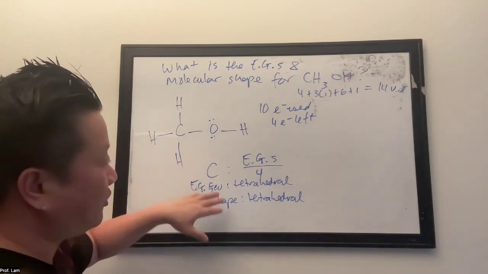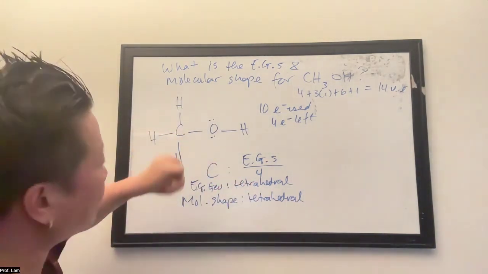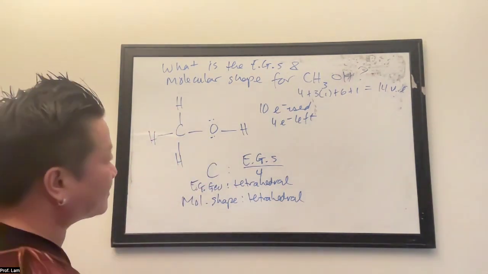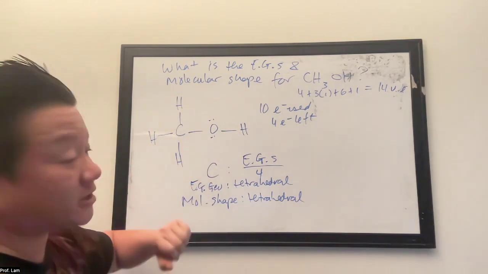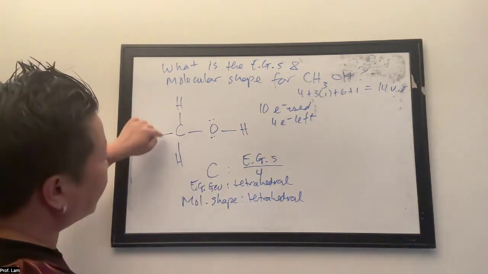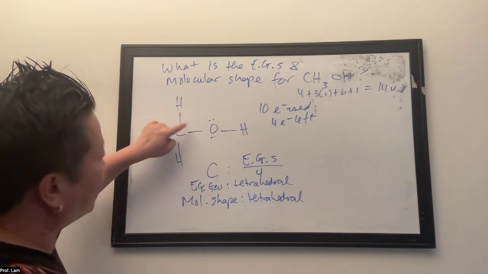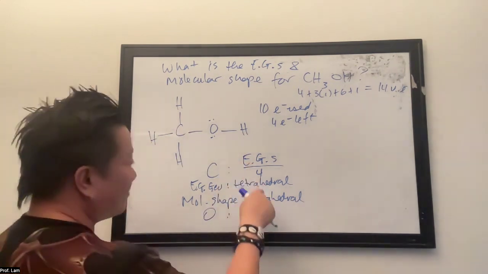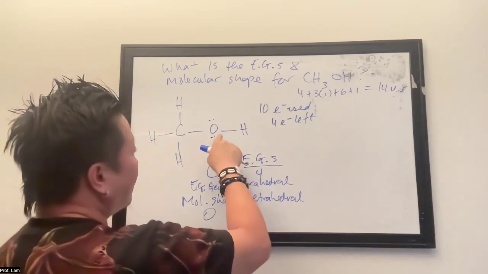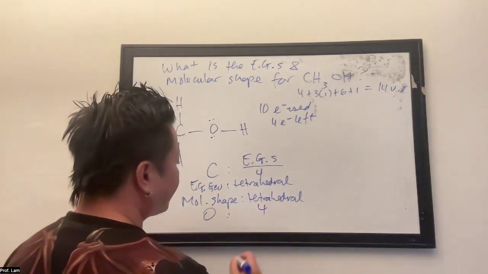Now, you do it separately, right? You do 1 central atom first, then you move on to the next. So notice when I did carbon, I didn't care about what was going on with oxygen or anybody else. I just count the electron groups around carbon. 1, 2, 3, 4. Okay. Now I'm going to do the same thing for oxygen. Number of electron groups around oxygen, 1, 2, 3, 4 as well. Okay.